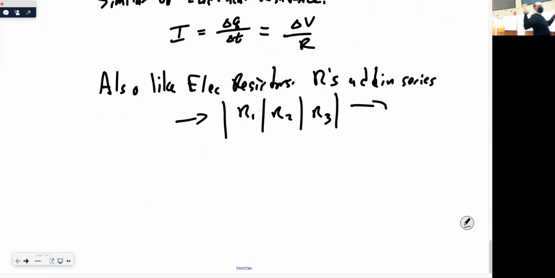If this were electrical resistance, you just add, our total is R1 plus R2 plus R3. Same here. If you want the total thermal resistance, you just have to add R1 and R2 and R3, and you get the total thermal resistance of the system. R total equals the sum of all of your individual resistors.